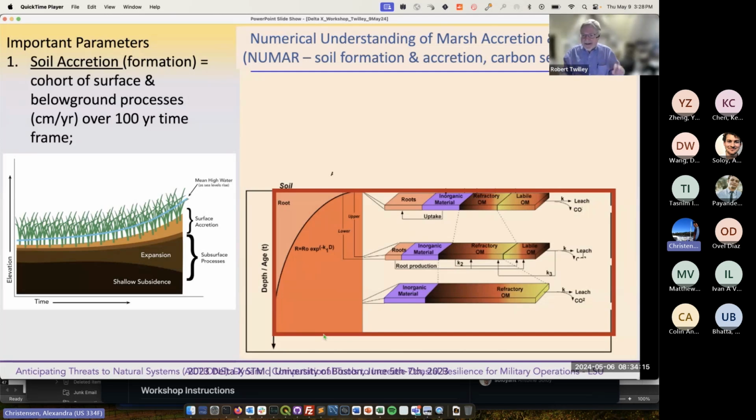The layer that's laid down on top has root material, inorganic matter, and has this material deposited on top of it. It also has organic matter. The inorganic matter is the sediment deposited at the top, and we track that over 100 years.